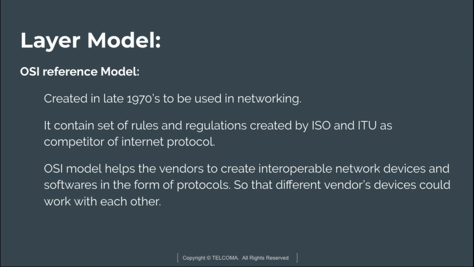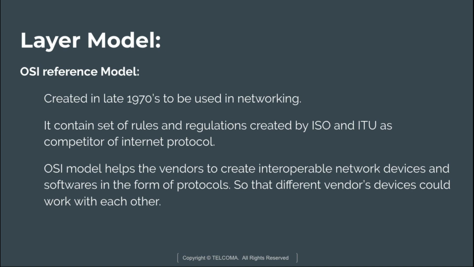It contains a set of rules and regulations created by ISO and ITU, that are the competitor of the TCP/IP model. ISO stands for International Organization for Standardization and ITU stands for International Telecommunication Union. So these two organizations created this OSI reference model.